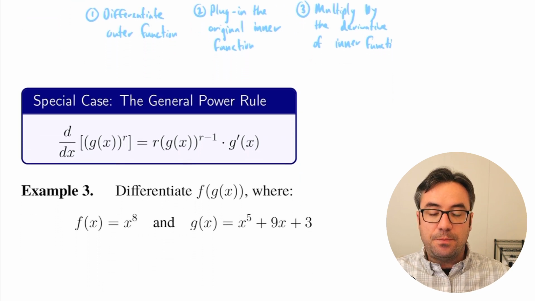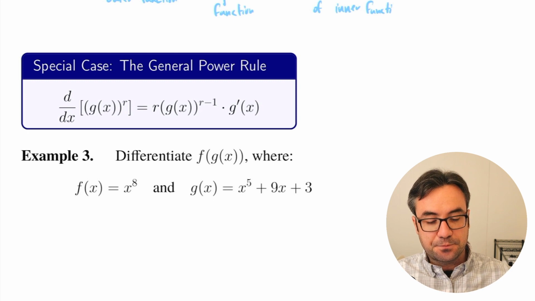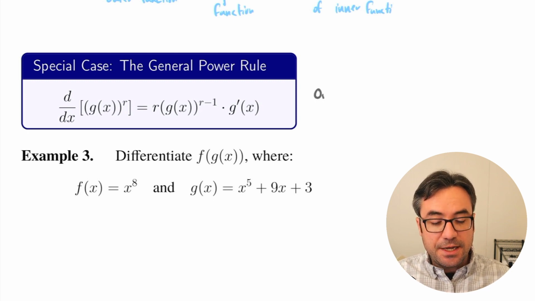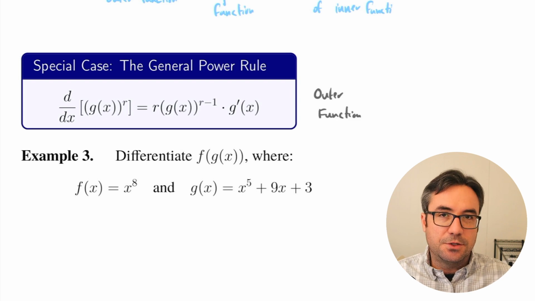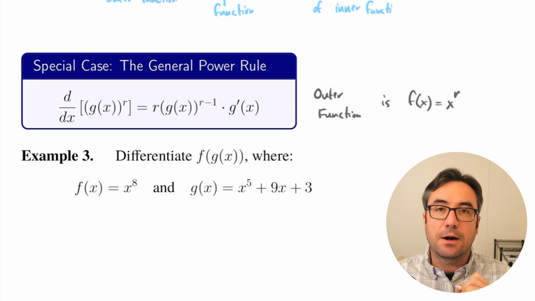This general power rule is just a special case of the chain rule, because our outer function, which is why we call it the general power rule, is a power function, x raised to the power r.